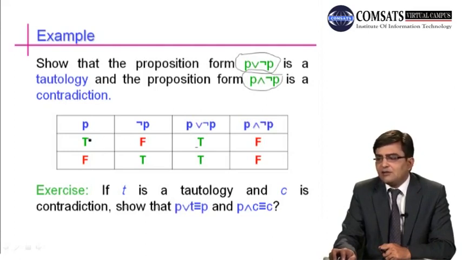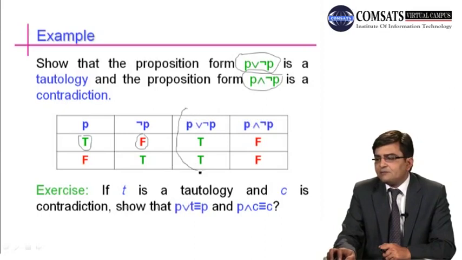Here we have true and here we have false, therefore here we will have true. In the second row we have false and true, so here we will have true.